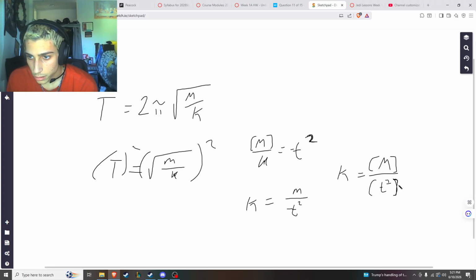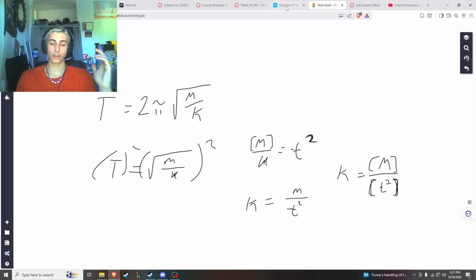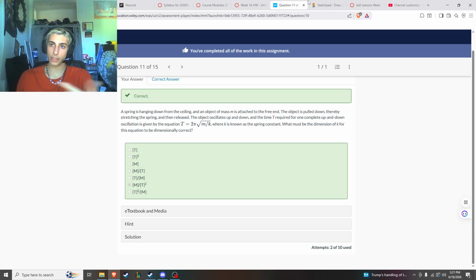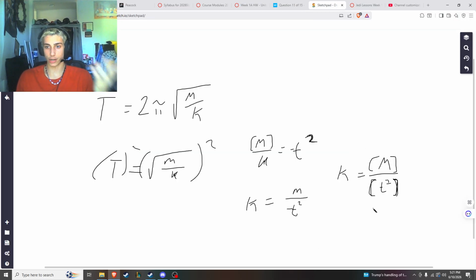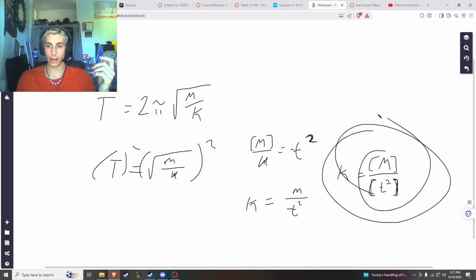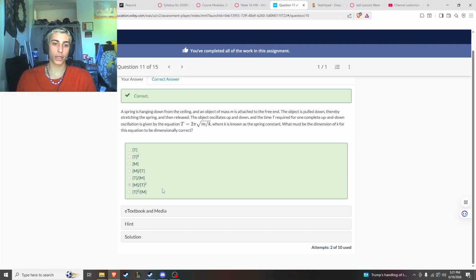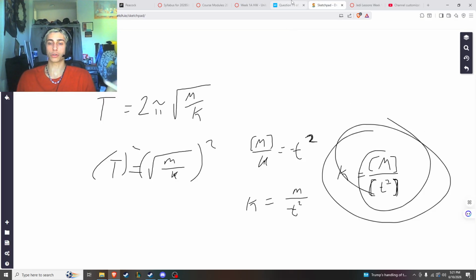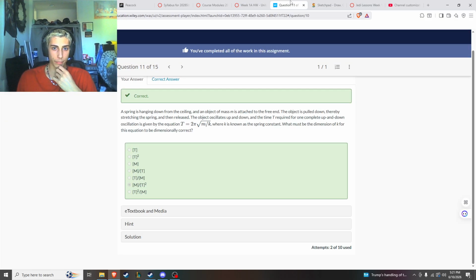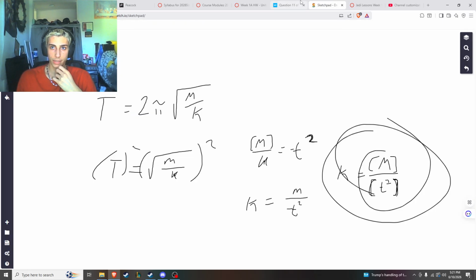This would be your final answer when you solve for k, so that it could be dimensionally correct. This is the answer right here. And check back over here, m over t squared, that is correct. And yeah, k is a spring constant.